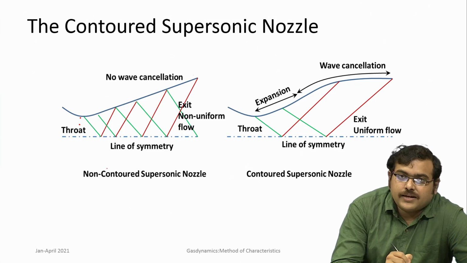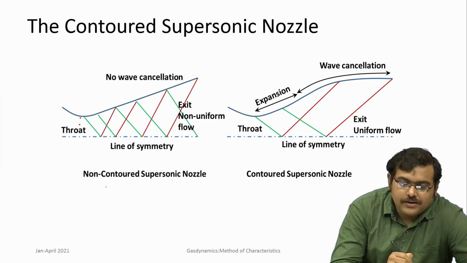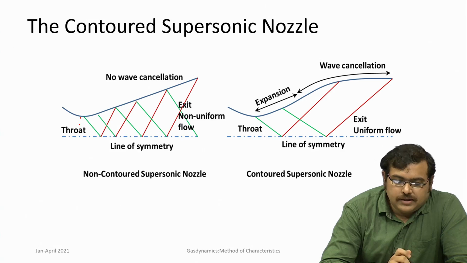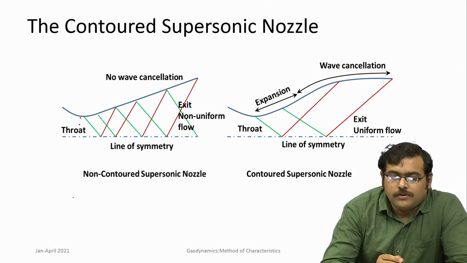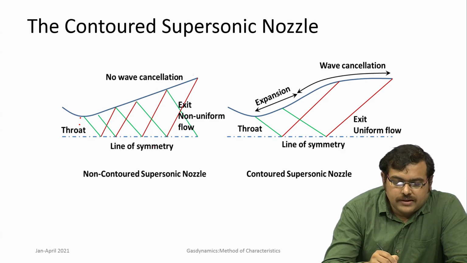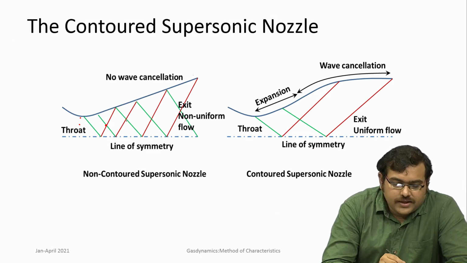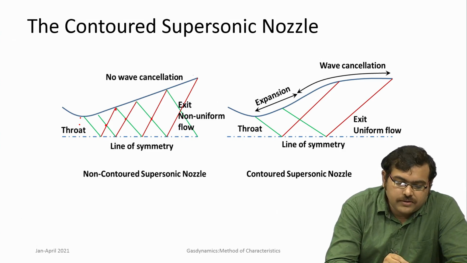These Mach waves go and hit the wall, and if it is any arbitrary contour, then they will reflect off the wall, and then they keep reflecting off the walls everywhere. Okay. This is considering a line of symmetry. So, at every point you have some different Mach number and so on.